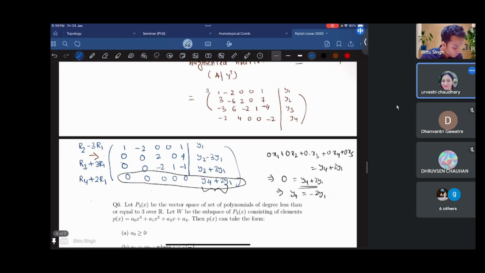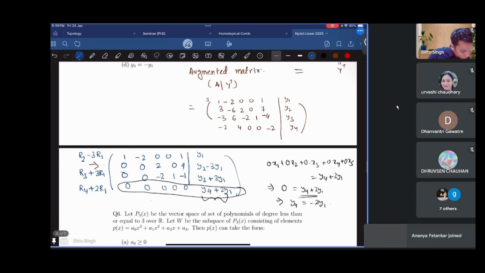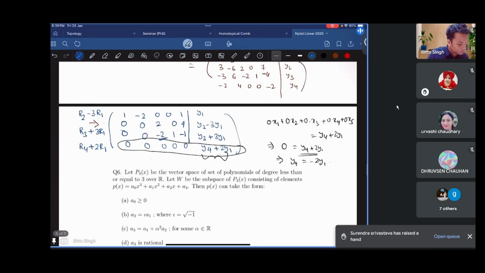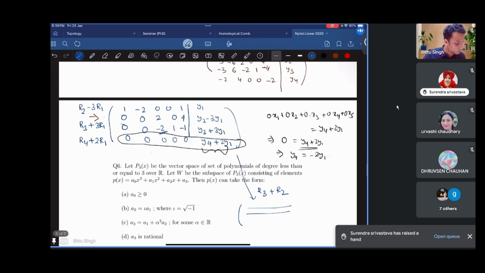For row echelon form, what can be done next? Just to cancel this thing, we add row 2. So there is no space, so let me write here. We'll do R3 plus row 2, row 3 plus row 2. Above that everything is the same, but now row 3 will be changed.